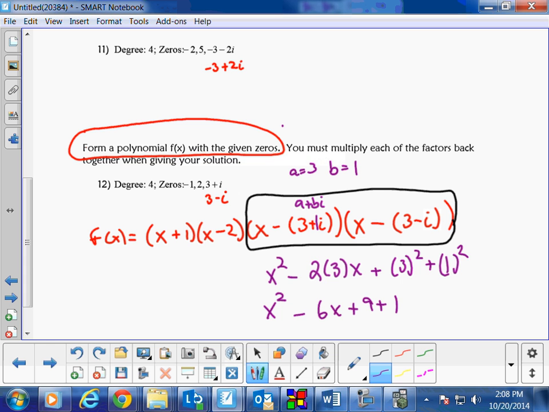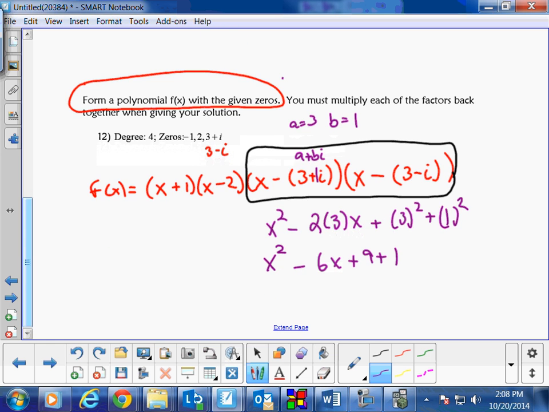So in this case, I get x squared minus 6x plus 10, and then the only thing I need to do here is follow this.